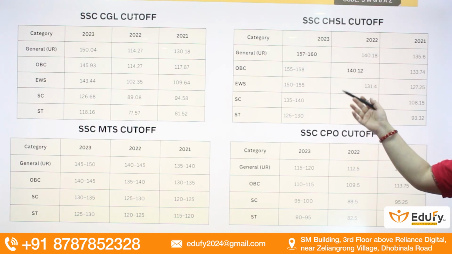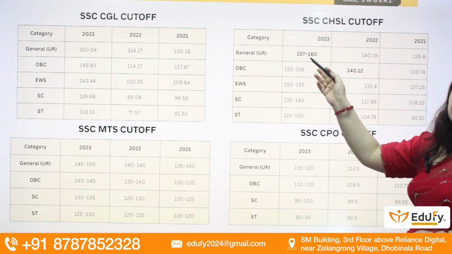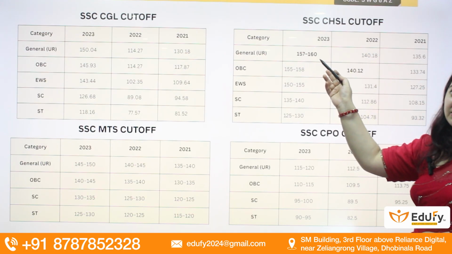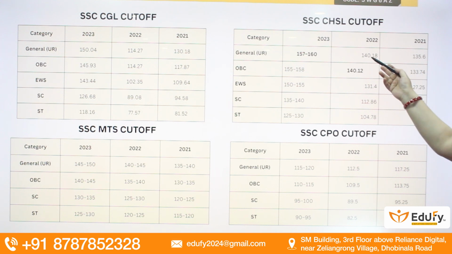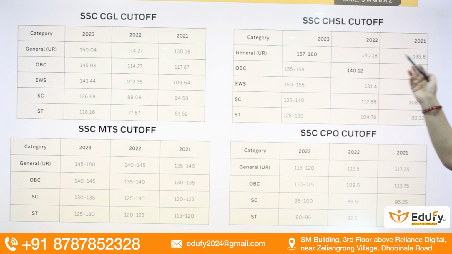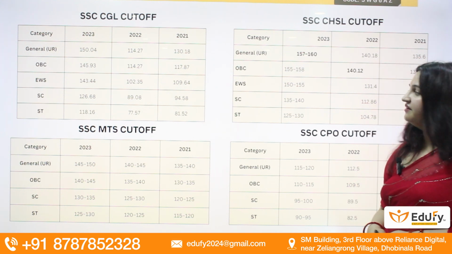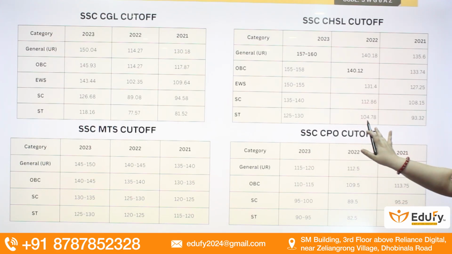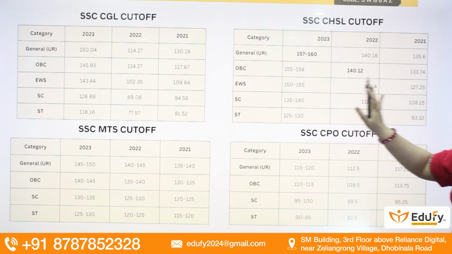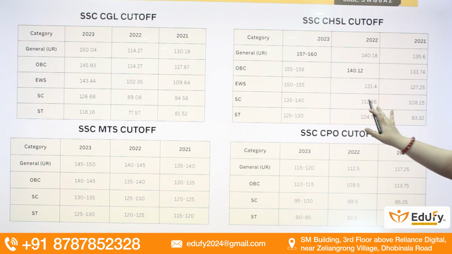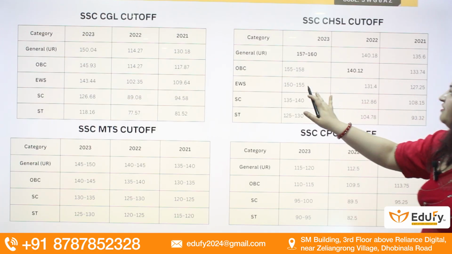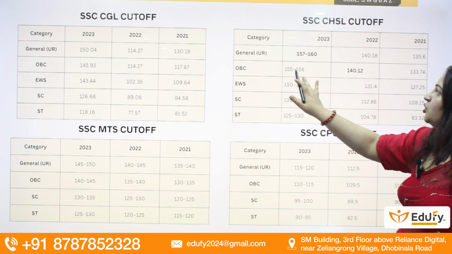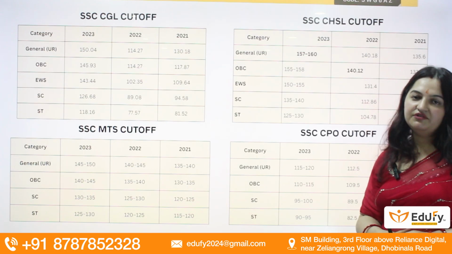Coming to the CHSL cutoff 2023, it was very high, 157 to 160, and 2022, 140, 135. CHSL cutoffs are comparatively higher. ST 125 to 130, 100, 93. SC 135, 140, 112, 108. 150, 155. EWS. OBC 155, 158.